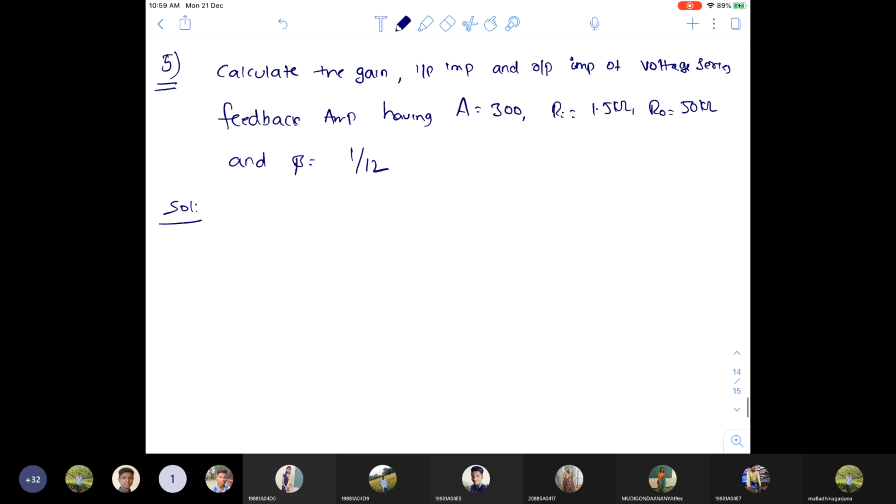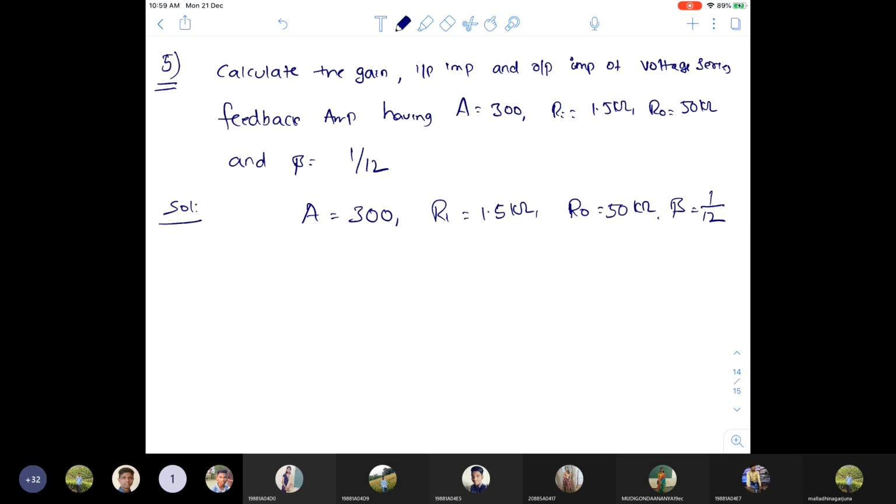Okay, this is another model. So the gain, for all the types of feedback amplifier, AF equal to A by 1 plus A beta. Here A is 300 given, Ri 1.5 kilo ohm, R not 50 kilo ohms, beta is equal to 1 by 12.